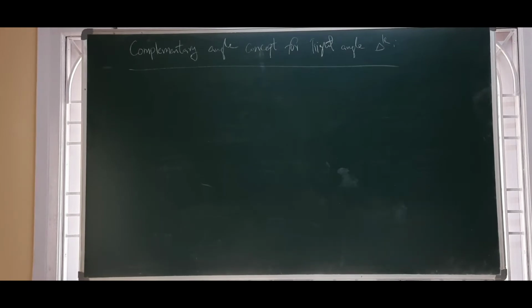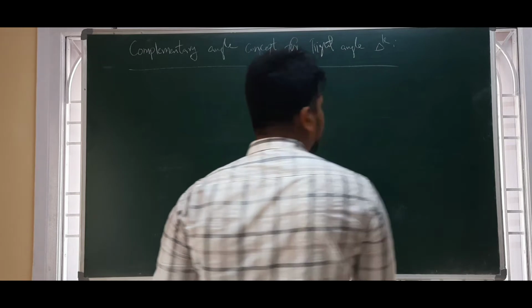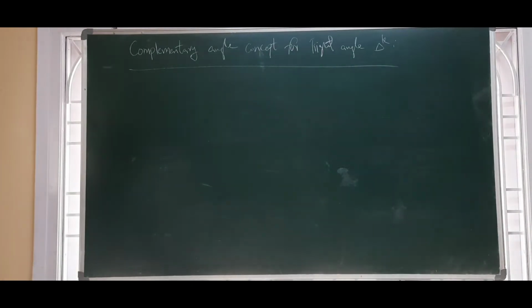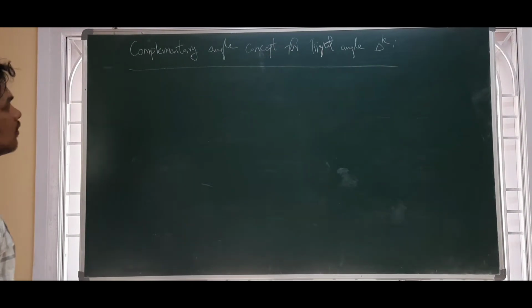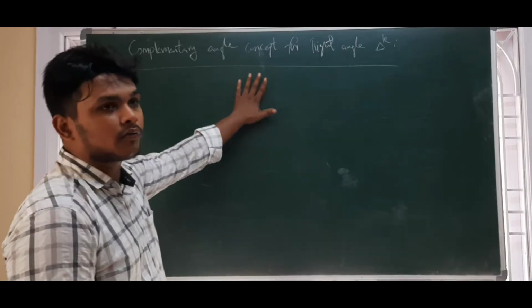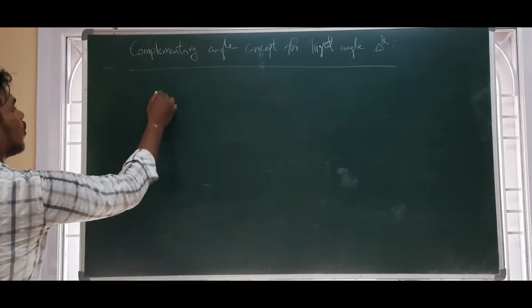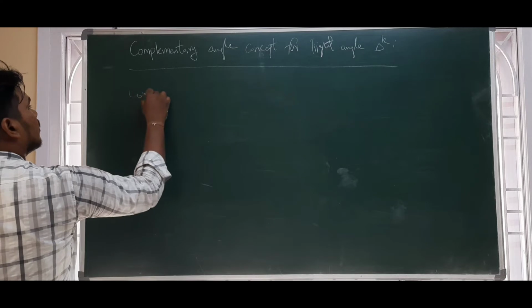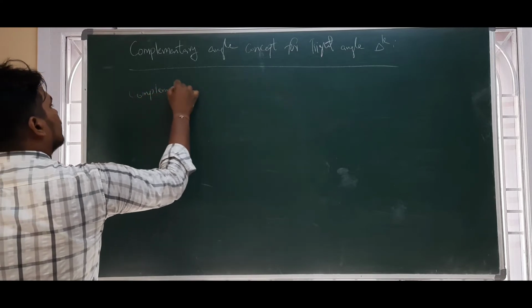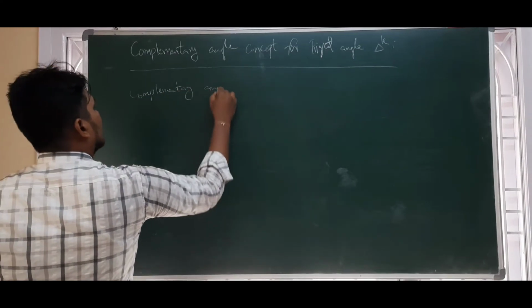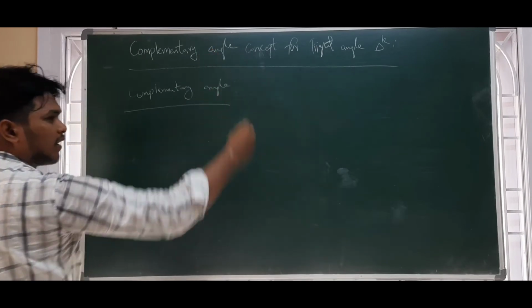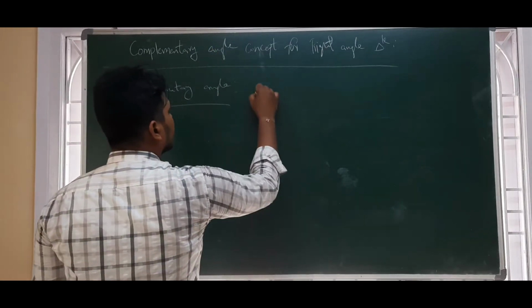And now moving on to the next concept, complementary angle for right angle triangle. Before explaining the concept of this, one should know what is meant by complementary angle. What is complementary angle?